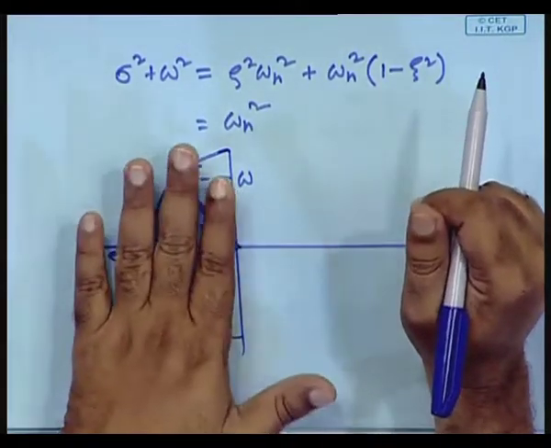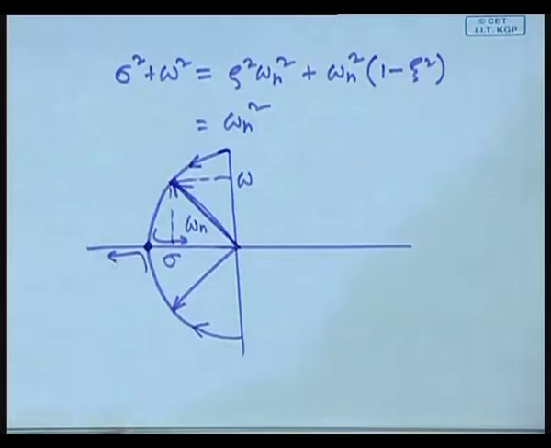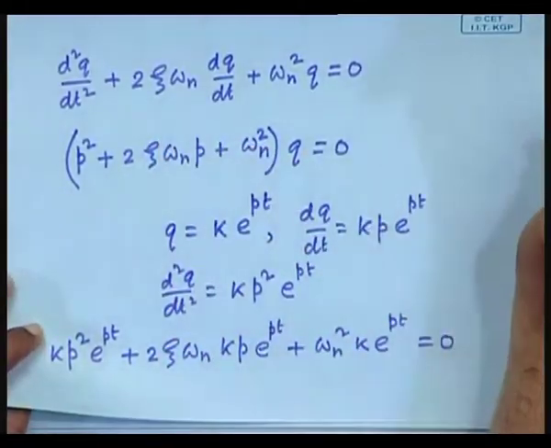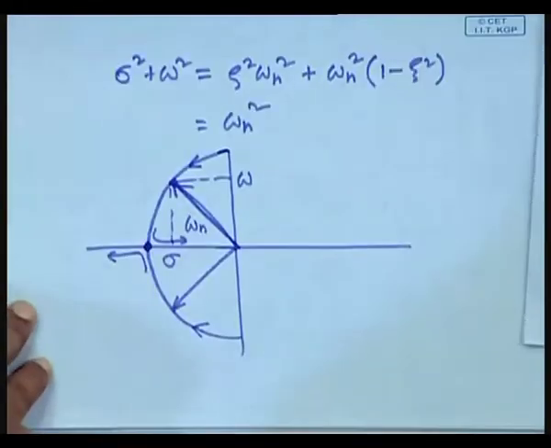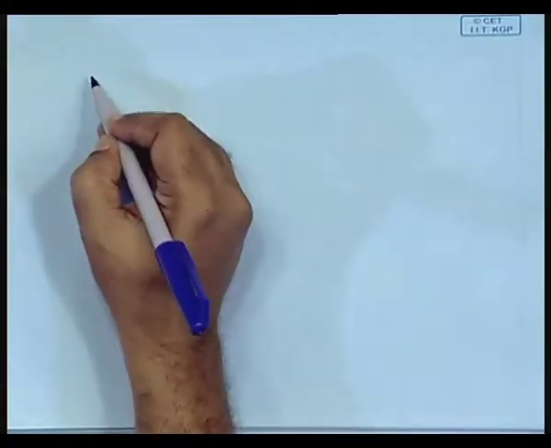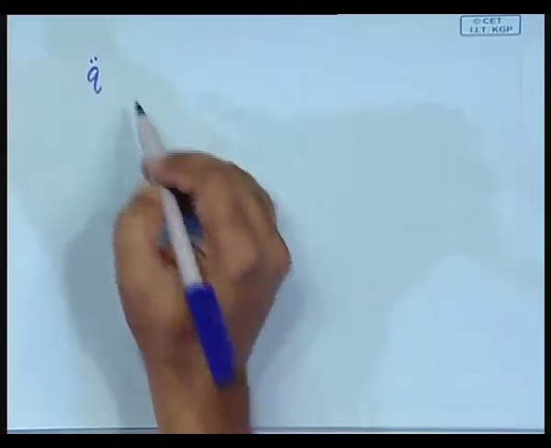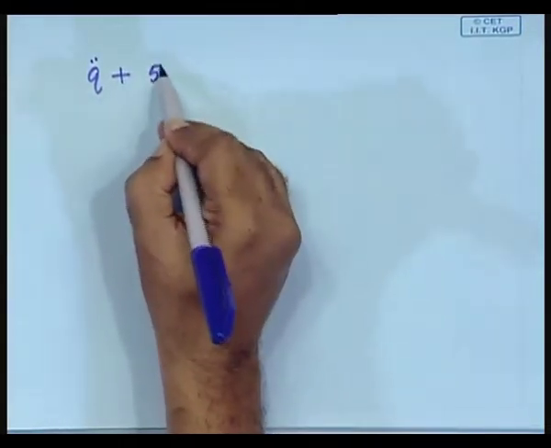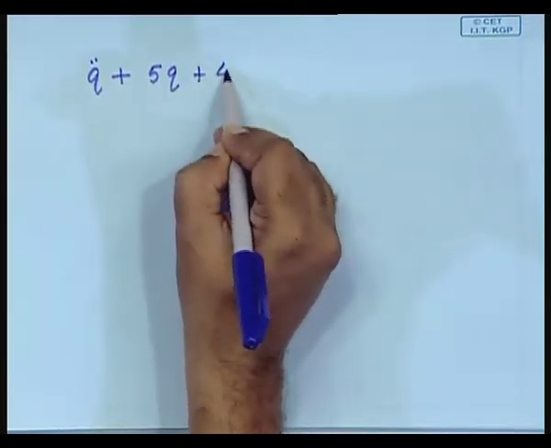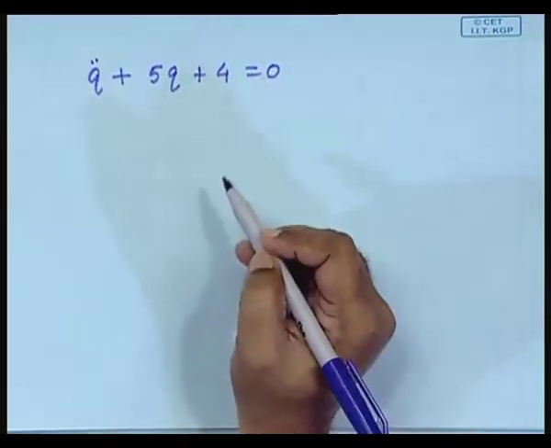Because of these conceptual advantages, we always express the second order equation in this form. Let us do some exercise. For example, if you have an equation like q double dot plus 5q dot plus 4q is equal to 0, what will be the behavior?